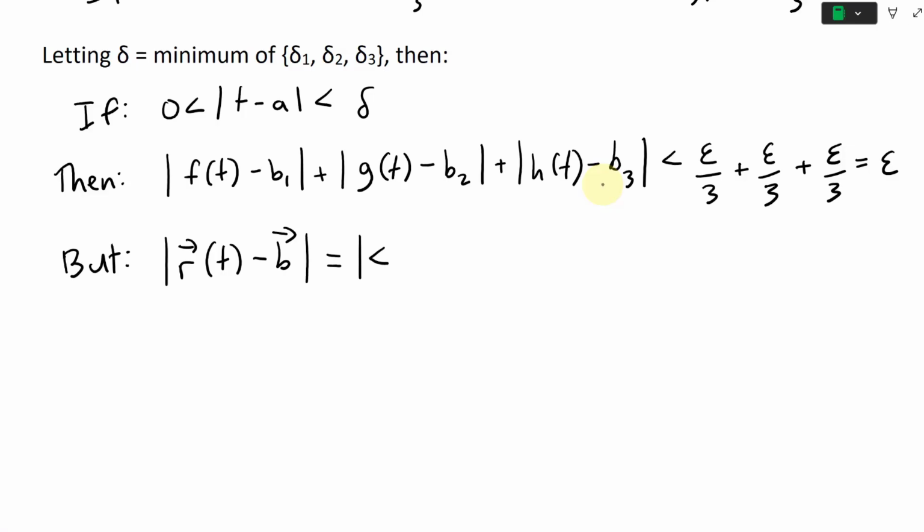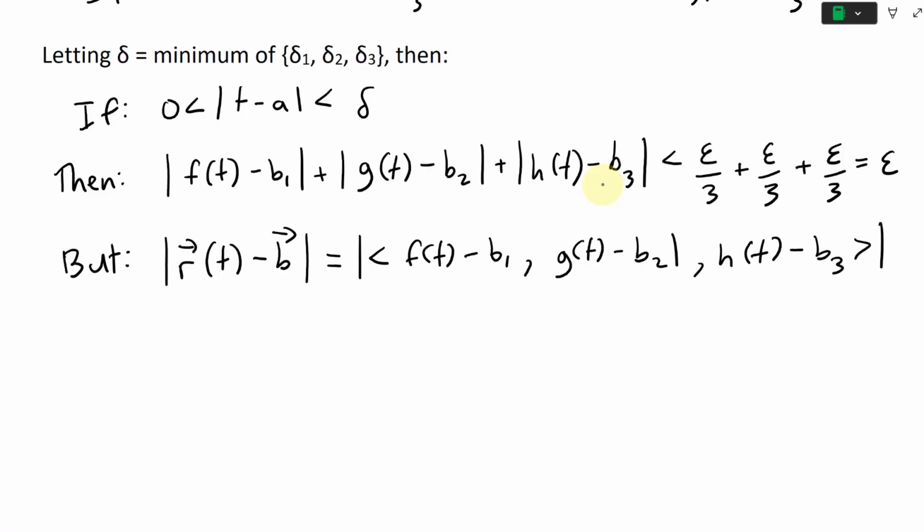In vector form, we just subtract the components. So this is f of t minus b1, and the middle component is g of t minus b2, and the next one is h of t minus b3. Then we want the length of that.